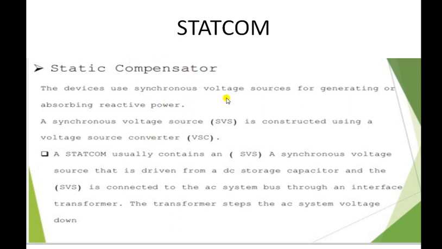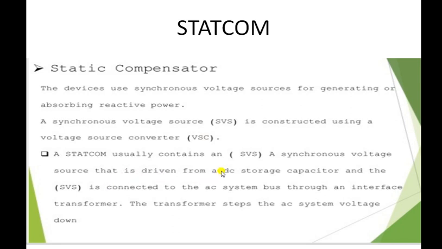So in this particular STATCOM, all the devices we are going to use will be able to generate or absorb reactive power. The synchronous voltage source is constructed using a voltage source converter, and this voltage source converter is also one of the main parts of this STATCOM.